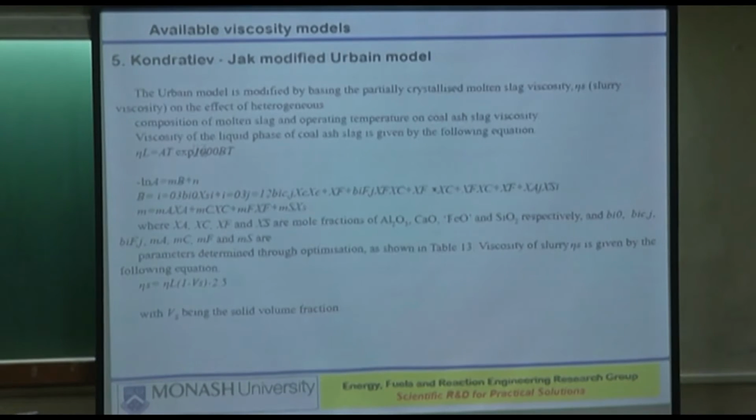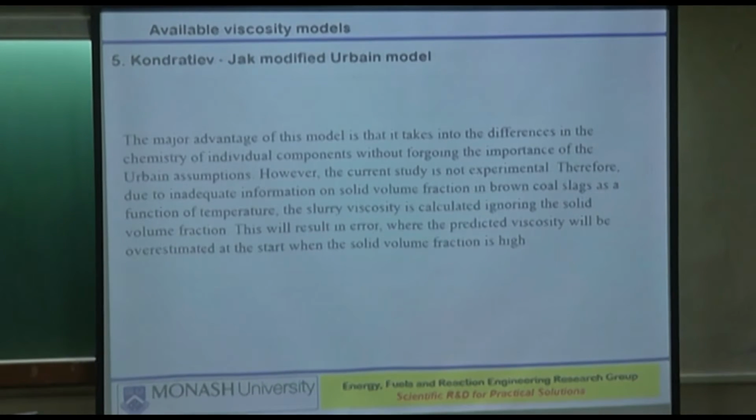So there, they came up with another version of this equation, and that's what I have given. But the major comment, which I have completely paraphrased from the students' work, is that the major advantage of this model is that it takes into account the differences in the chemistry of the individual components without foregoing the importance of the Urbane assumptions.